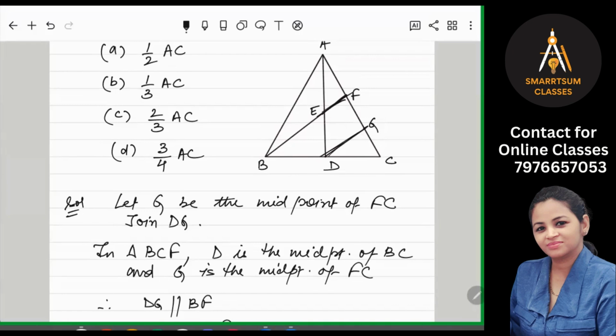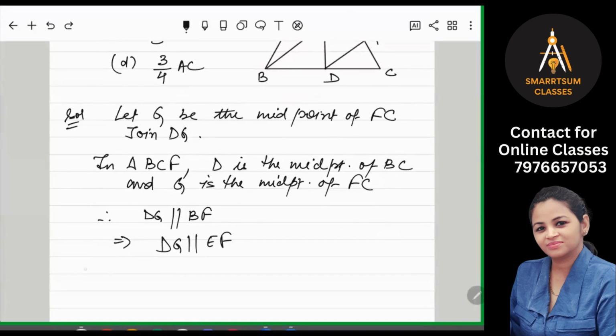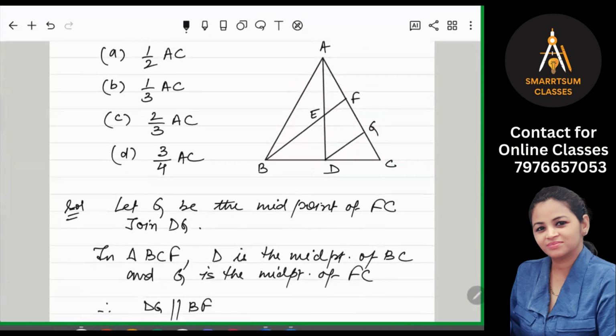Okay. Now consider the triangle ADG. In triangle ADG, E is the midpoint of AD, already given in the question, and EF is parallel to DG. Then by the converse of the midpoint theorem, F will also be the midpoint of AG, right?